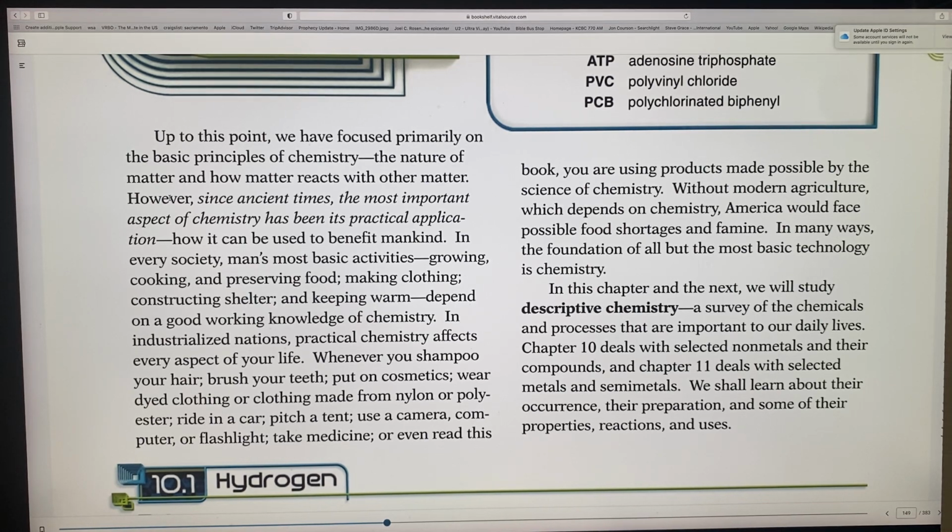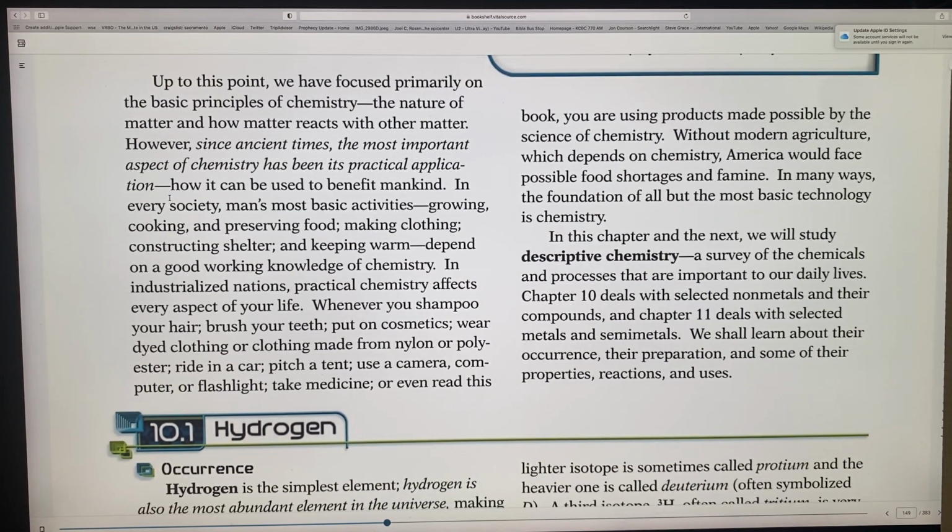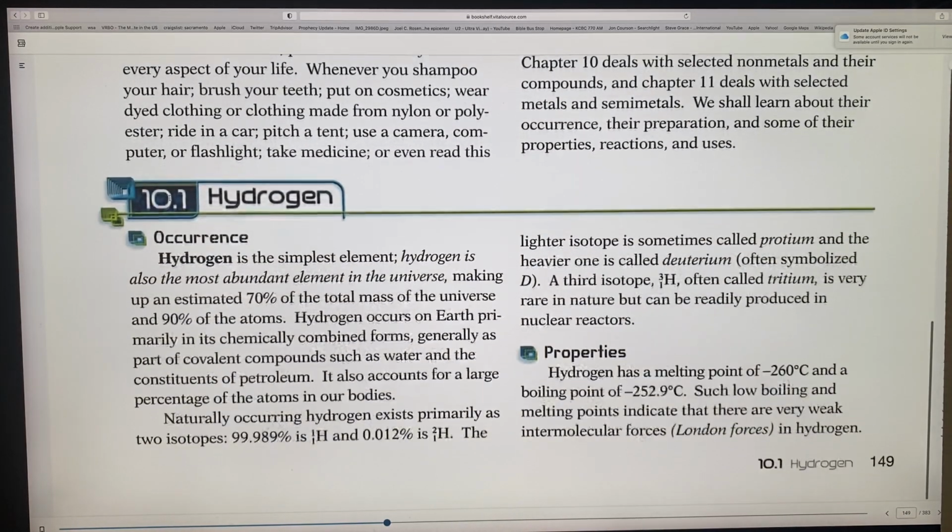We know it's an important element, but really, how would it affect our lives? If we didn't have hydrogen, we wouldn't be able to live. We wouldn't be able to have water, in fact, because water is H2O. Water has hydrogen in it. This is what our descriptive chemistry is going to tell, and that's what these next 2 chapters are going to be about: describing chemistry and how it affects our daily lives.